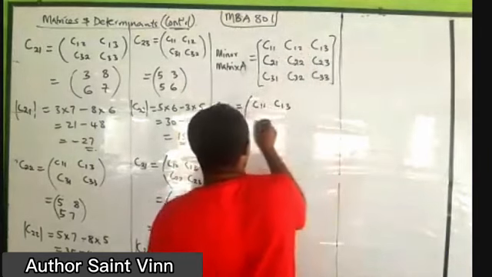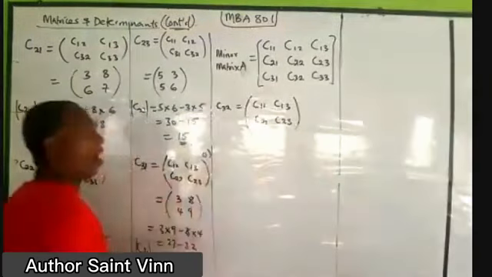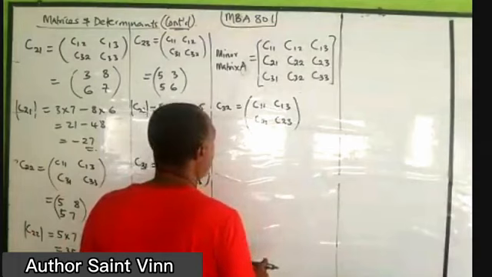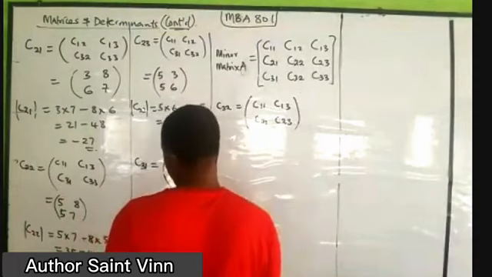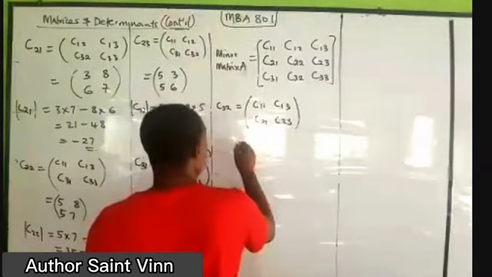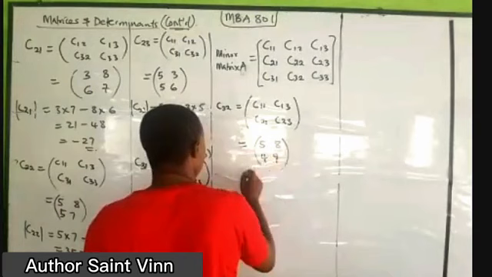Gone. C21, C23. Agreed? I hope you are looking at it. That's 5 8, 4 9. You all know where it is.